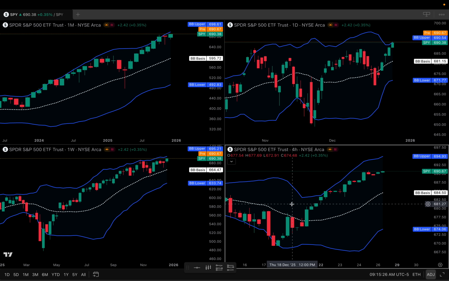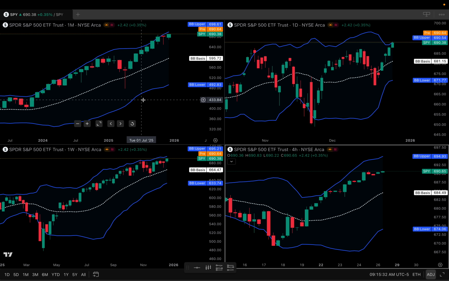Now I will just give a gist of what I check behind the scenes. First, Bollinger Bands and location. On each time frame, I check where price is versus the bands. I ask, is price above the basis, on the basis, or below the basis?